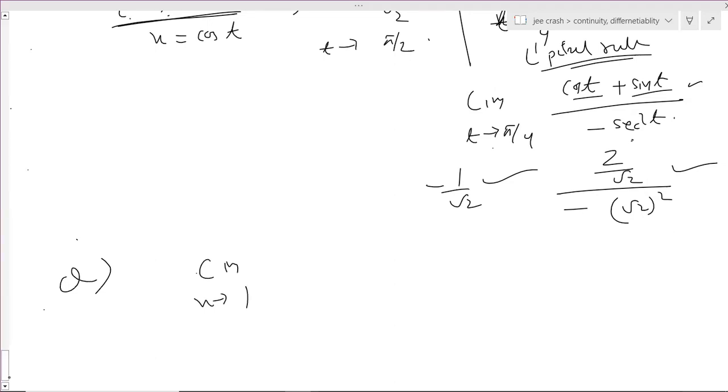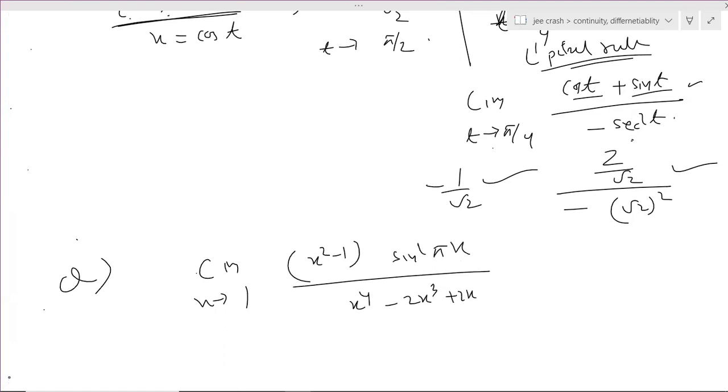Limit x tending to 1, (x square minus 1) sine square pi x whole divided by x to the power 4 minus 2x cubed plus 2x minus 1. All right.